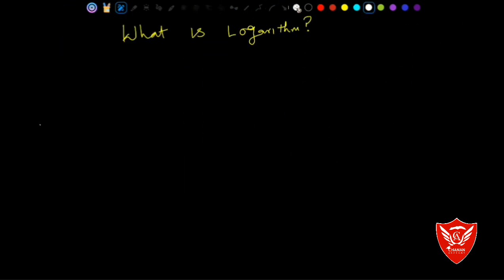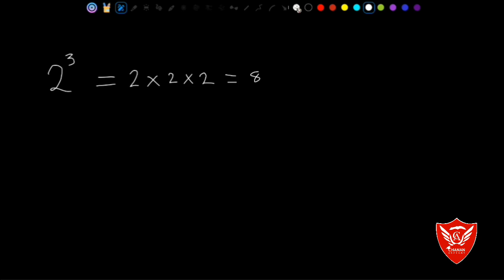Now, if you've watched our previous video on indices, we said if we have 2 raised to the power of 3, which is equal to 2 times 2 times 2, which is equal to 8. Now, what about if we have 2 raised to the power of x and we say it is equal to 8? What we are asking in this case is what is the index, or what is the exponent?